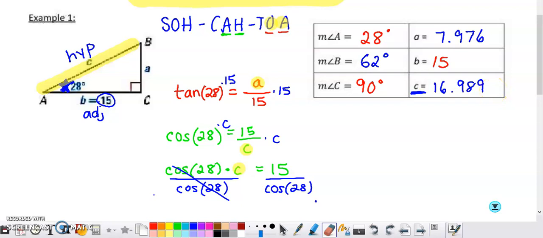I tend to not suggest you do that, because say you get the answer for A incorrect and then you use it to solve for C, you're also going to get C incorrect. So you're a little bit safer just going the route of what we just did, doing 2 separate trig equations.